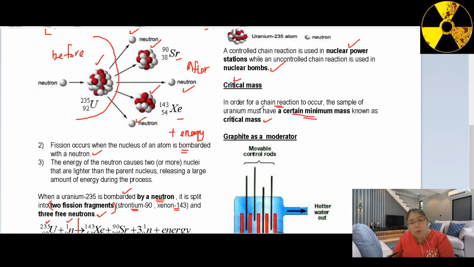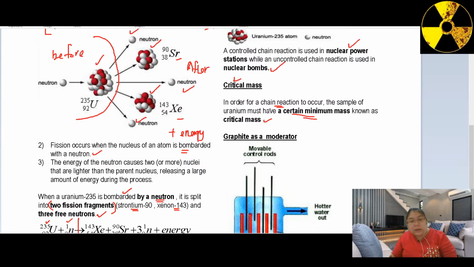They must have the critical mass. After that, the chain reaction will happen. If everything could happen, then we would be dead already. We cannot control it. So they have a certain mass, and then the chain reaction will happen. This one we call critical mass.